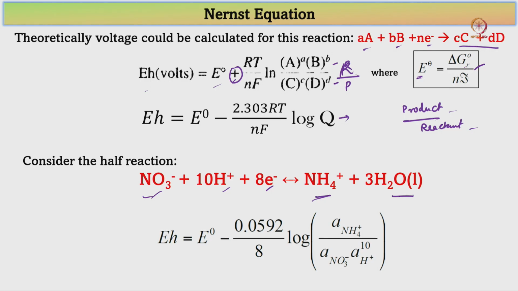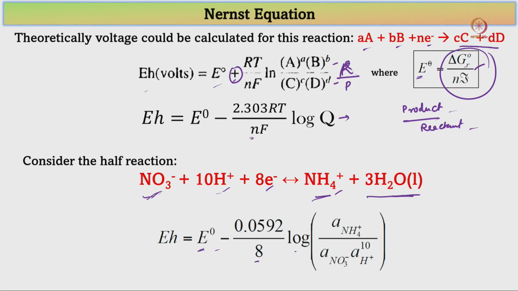It will look like EH equal to E0, minus 0.0592 divided by 8, where 8 is the number of electrons, into log. Here since it is a minus term, it will be product divided by reactant. The product term is the activity of NH4 plus. The water term will not be there because it is a pure phase liquid. In the denominator we are going to have NO3 minus and H plus.